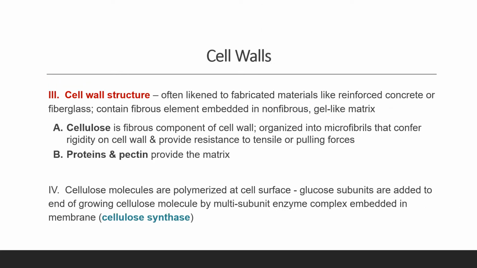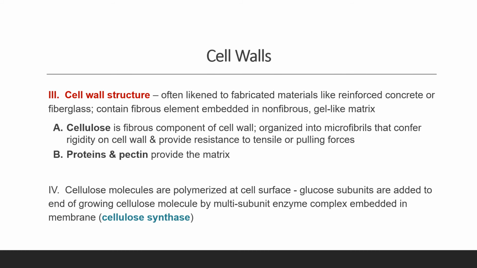So the cell wall structure is like fabricated materials such as reinforced concrete or fiberglass, and contains fibrous elements embedded in a non-fibrous gel-like matrix. So cellulose is the fibrous component of the cell wall, and it is organized into microfibrils that confer rigidity on the cell wall and provide resistance to tensile or pulling forces.